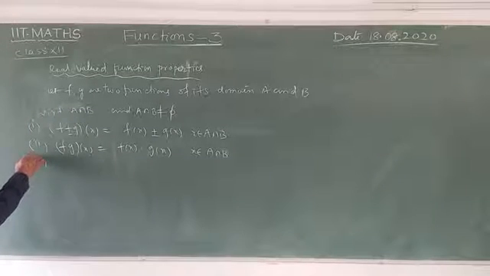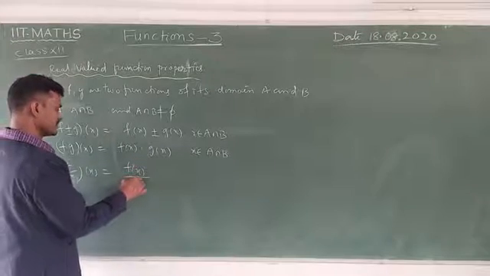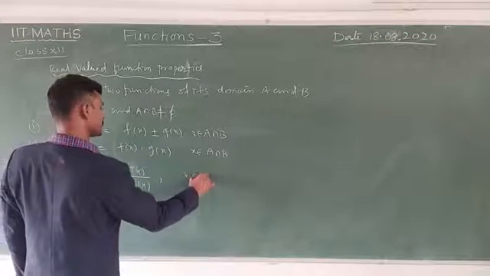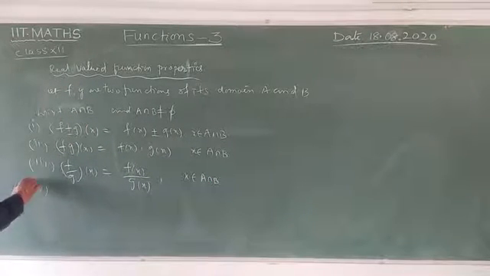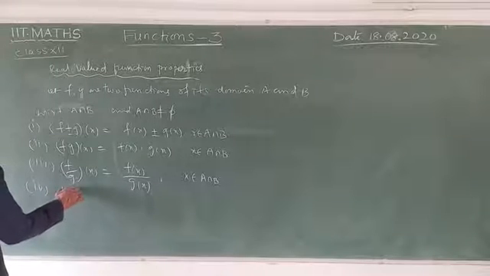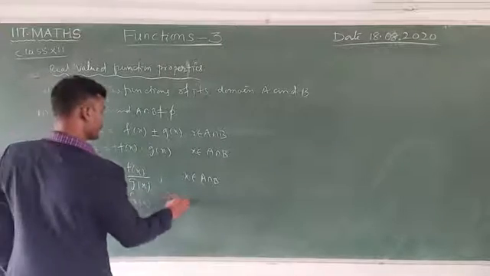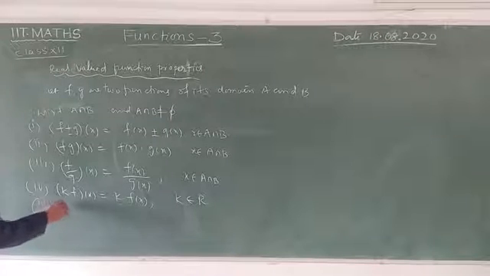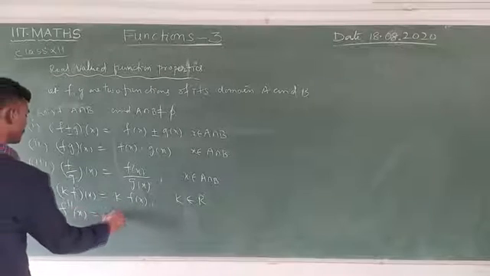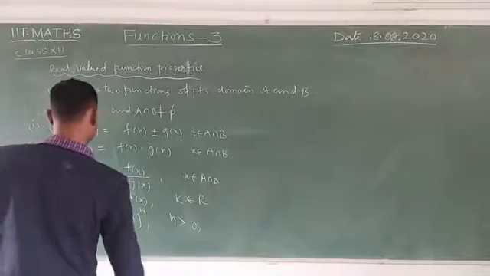Next, the third one: f by g of x is equal to f of x by g of x, where x belongs to A intersection B. Now the fourth one: k into f of x is equal to k times f of x, where k belongs to R. Next, the fifth one: f of x whole power n, where n is greater than 0.